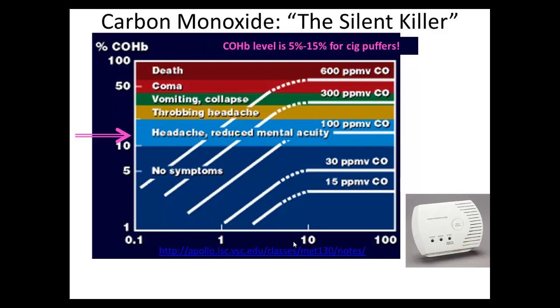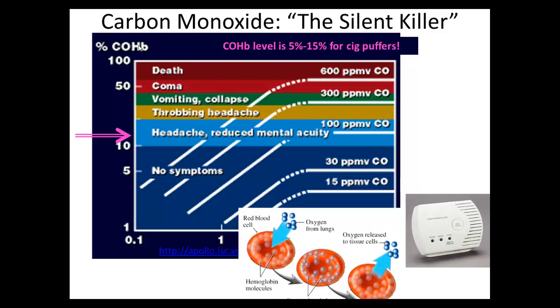And if you look at this graph, here's the percent of carbon monoxide in the hemoglobin. Hemoglobin is a component of your blood, and basically oxygen binds to the hemoglobin in your red blood cells, and it sends the oxygen to your tissues throughout your body, and it will then take up carbon dioxide and release it later when you exhale.